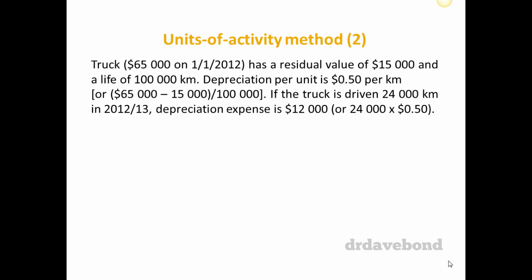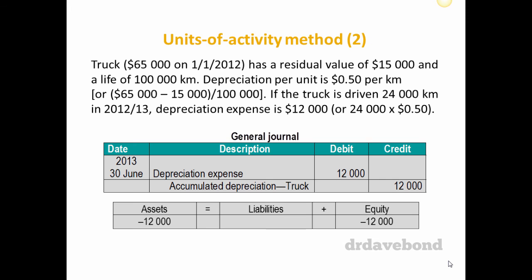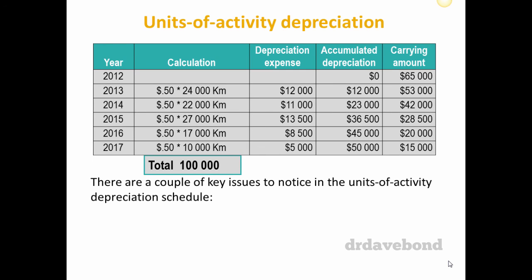Depreciation per unit is 50 cents per kilometer. You drive 24,000, it's $12,000 for that year. Same entry. We drive 22, it's 11. We drive 27, it's 13, odd, 17,008. You just adjust it as needed.